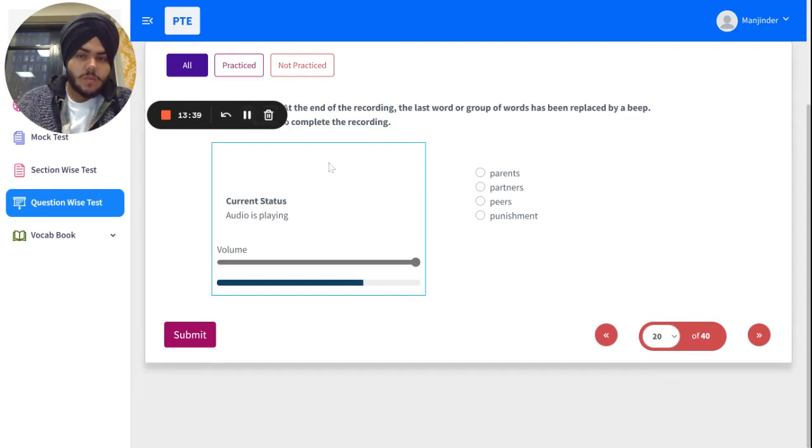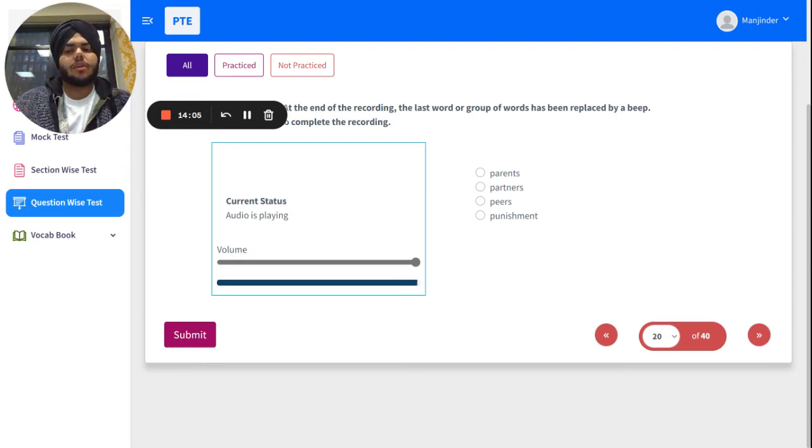Such children not only create discipline problems at school, but they are also overly aggressive. In addition, they have extremely low self-esteem and a negative attitude to those around them. On the other hand, children whose parents use less harsh methods of discipline have a healthier attitude towards their school environment and.